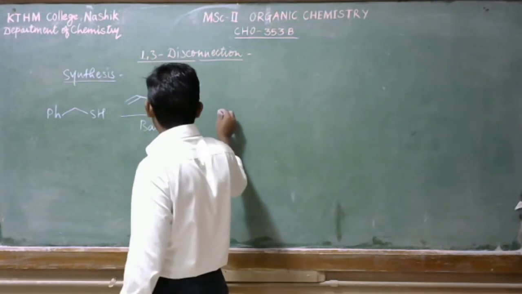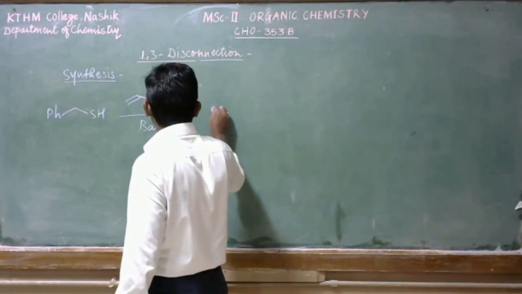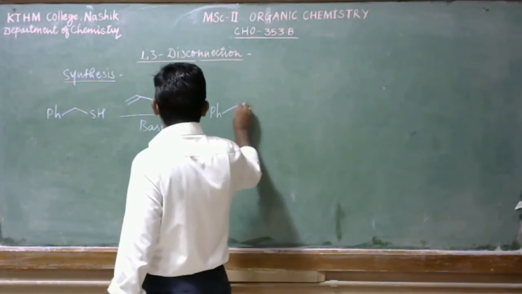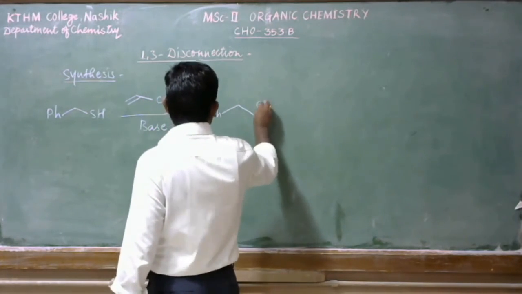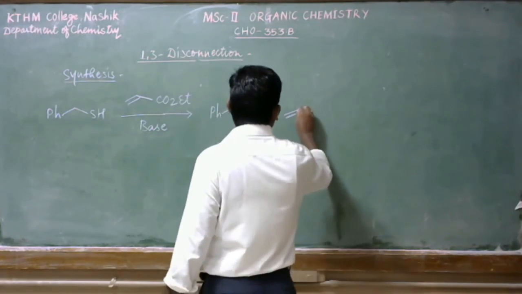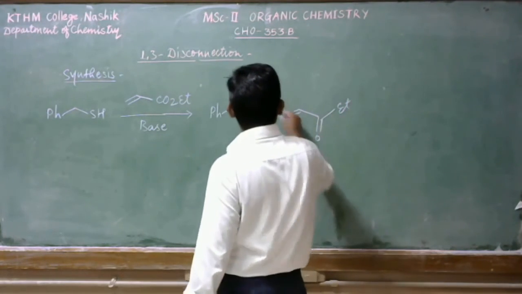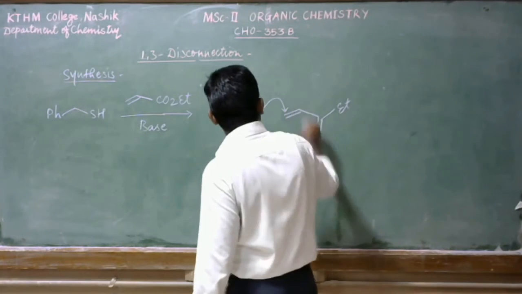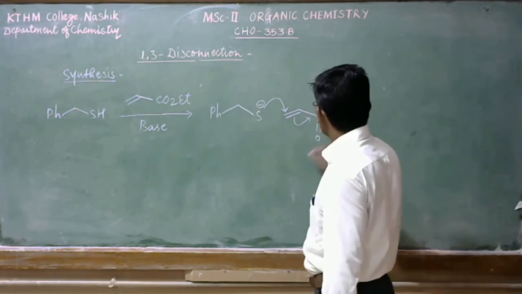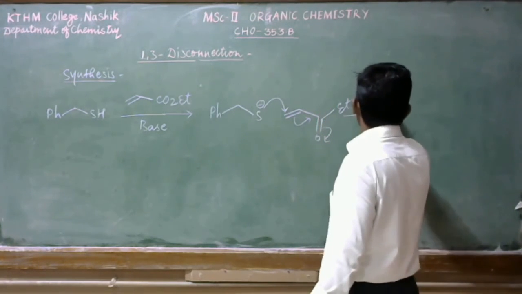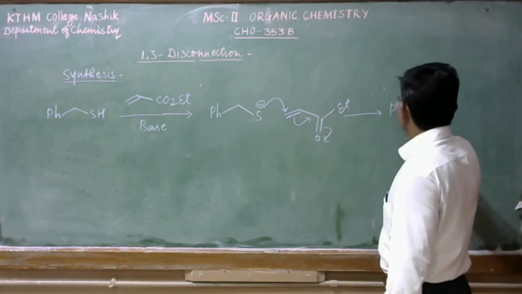So the base will abstract this proton, and the anion will get attacked like this. So you get this.